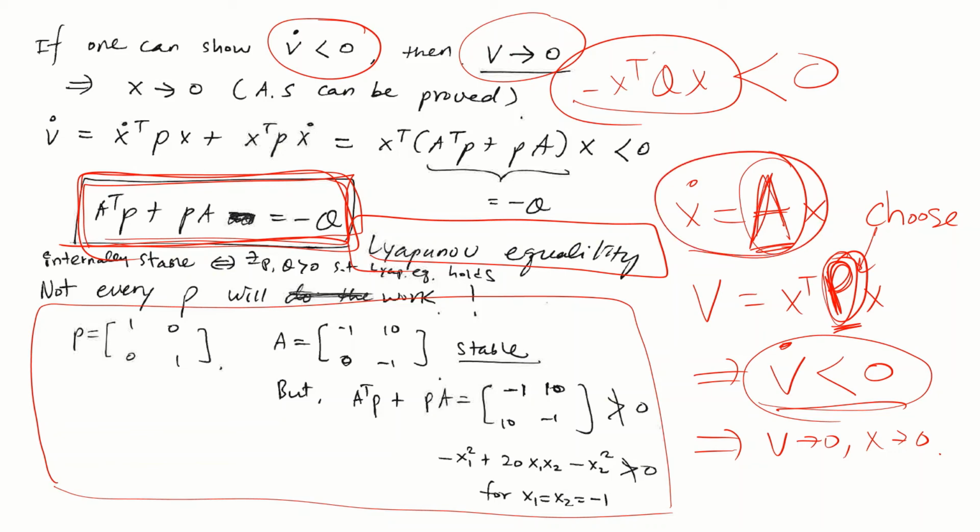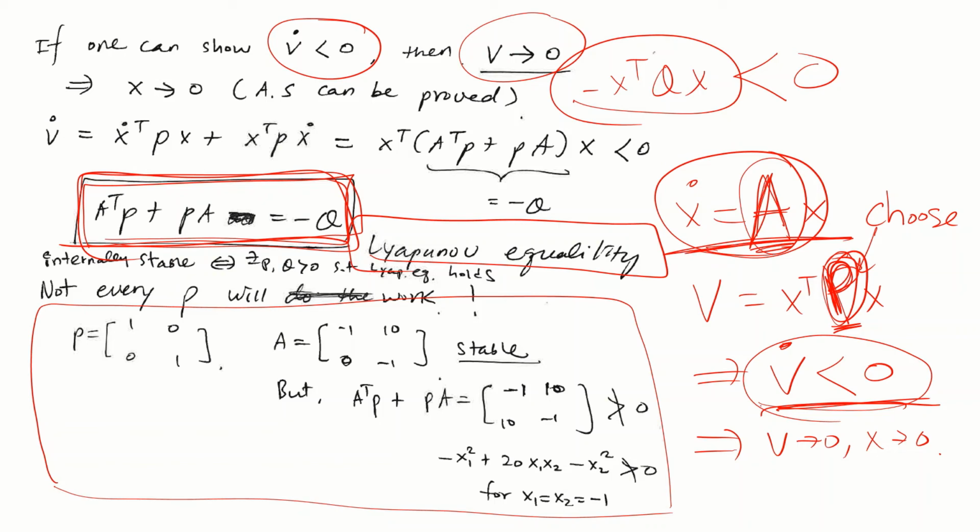We know that. But if you choose P wrongly, then you may not show that V dot is less than 0. So you have to choose the right P so that V dot is shown to be negative for this internally stable system.